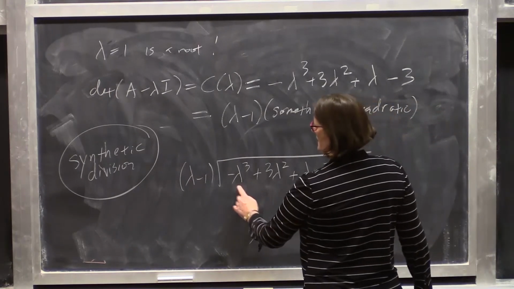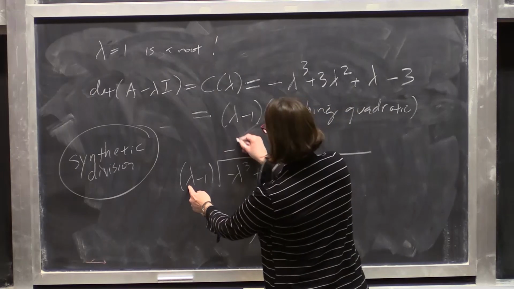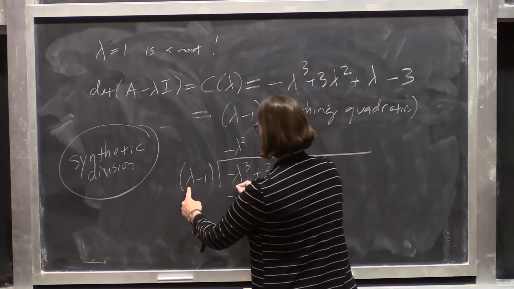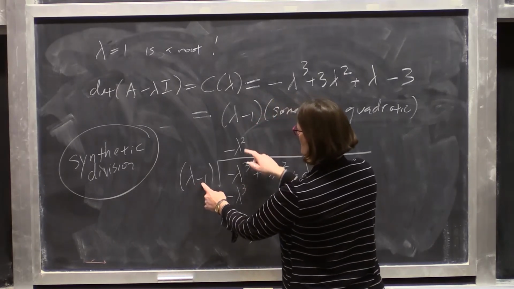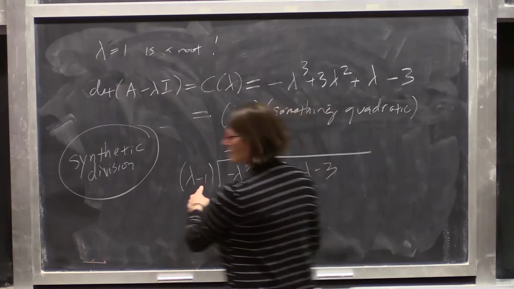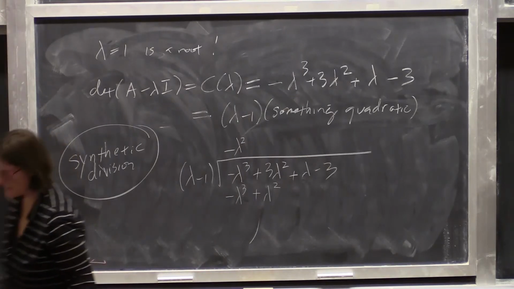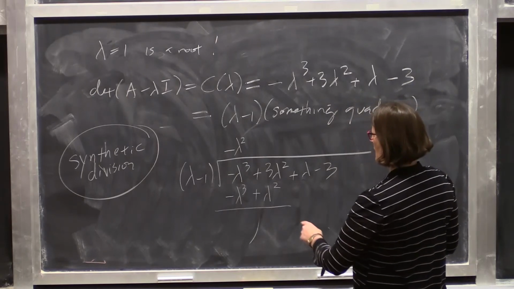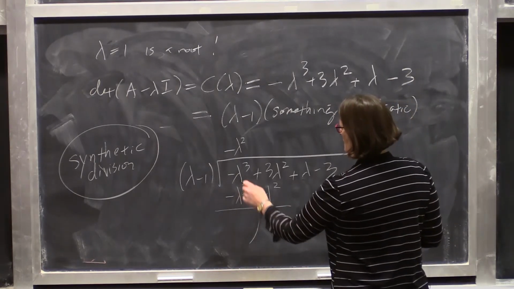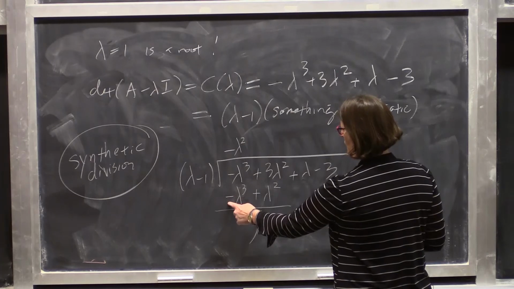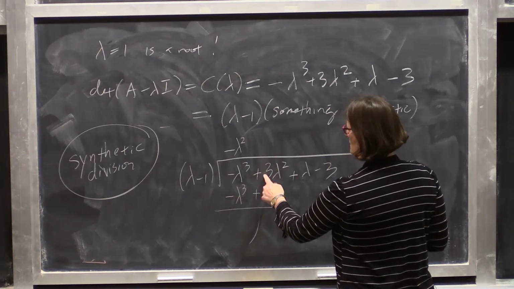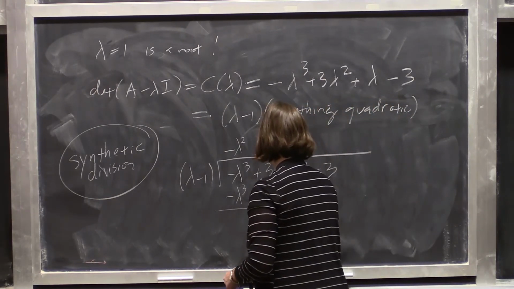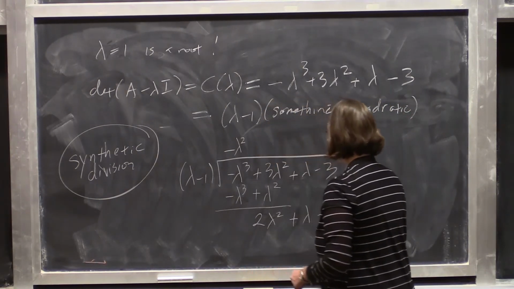To knock out the minus lambda cubed, I'm going to have to multiply that by minus lambda squared. This times minus lambda squared is minus lambda cubed. This times minus lambda squared is plus lambda squared. Now I subtract, this minus this is 0. That was the whole point. This minus this is 2 lambda squared plus lambda minus 3.